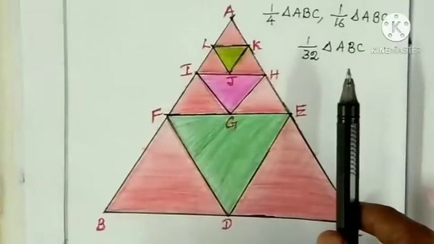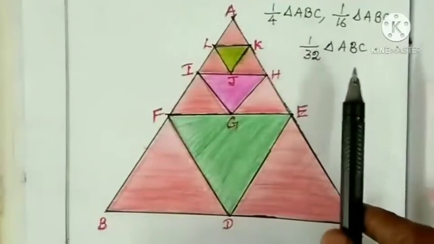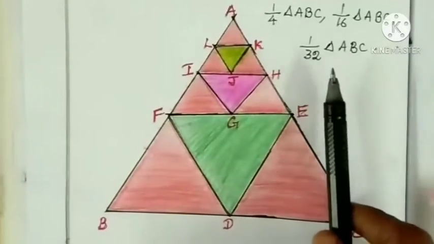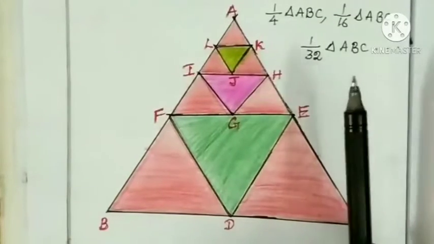It is clear that each term is got by multiplying a fixed number, that is 1/4, to the preceding number. So, it is a geometric sequence.